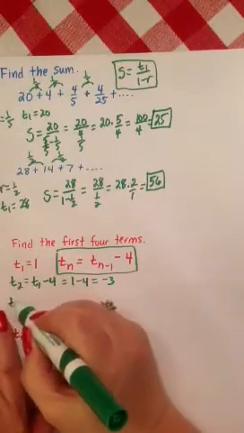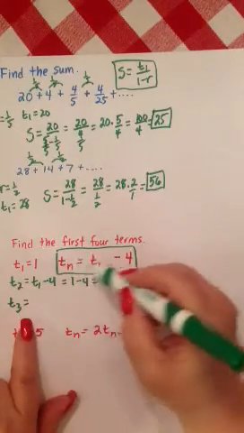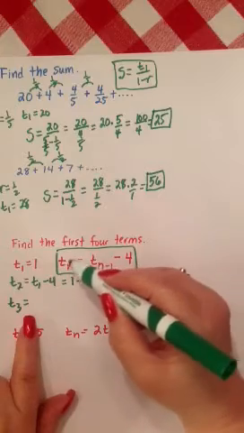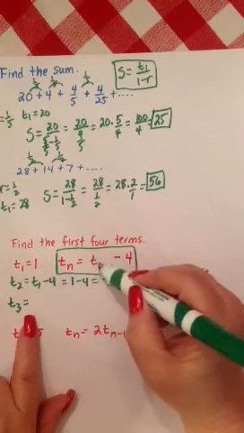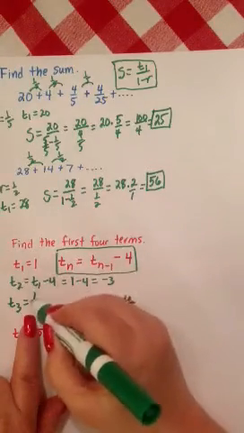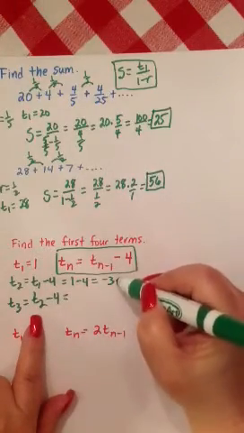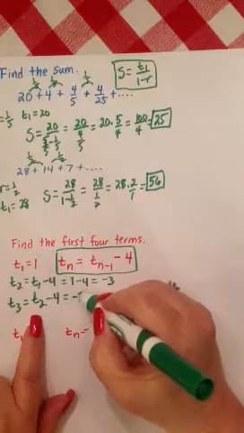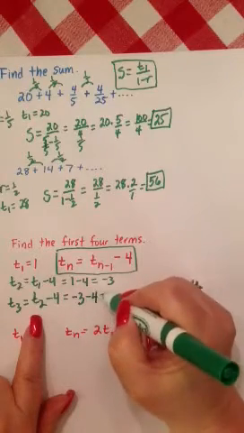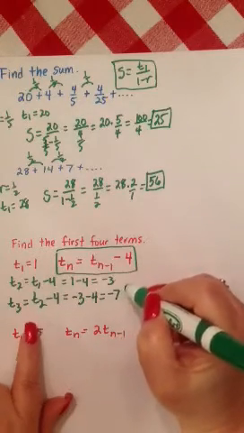To find t sub 3, I use 3 in the formula, so I would say t sub 3 minus 1 would be t sub 2 minus 4, and I just figured out that t sub 2 is negative 3, so negative 3 minus 4 is negative 7.